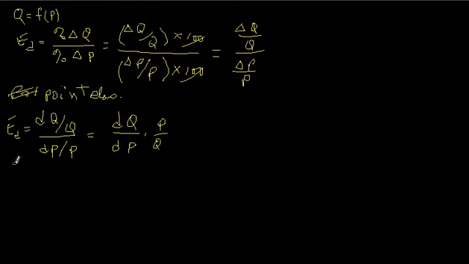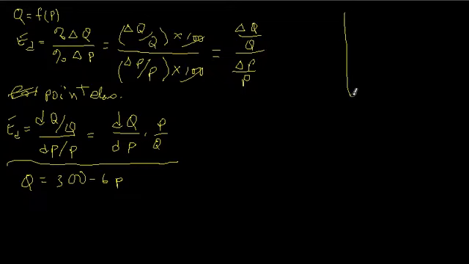So let's take an example. Here is a straight line demand curve. A linear demand curve says that quantity is equal to 300 minus 6p. We can try and draw that demand curve up here. Following the usual convention in economics, we put the price on the vertical axis and the quantity on the horizontal axis.